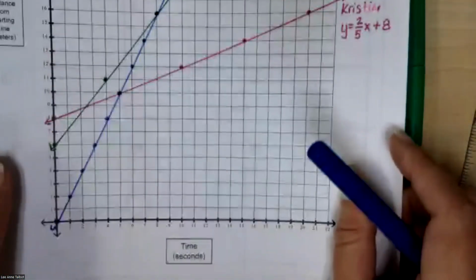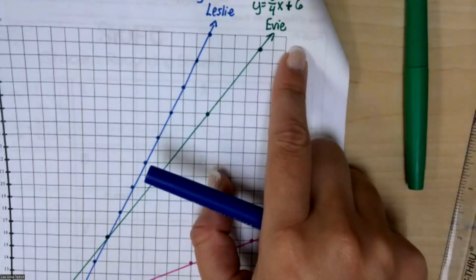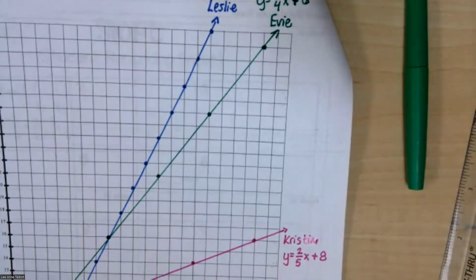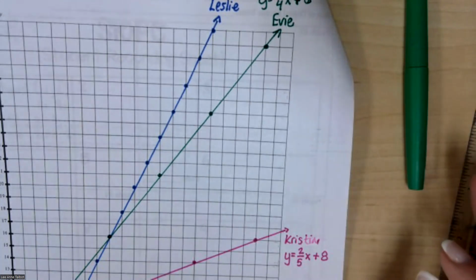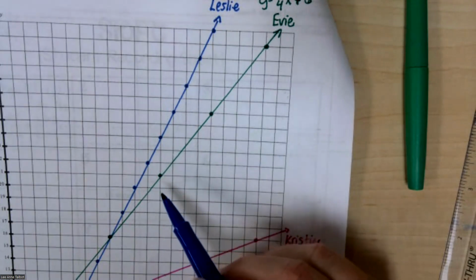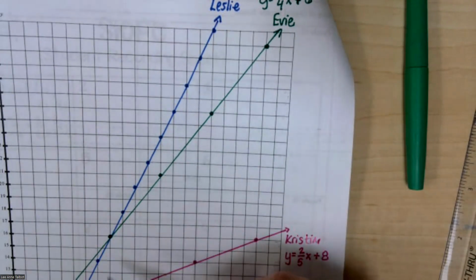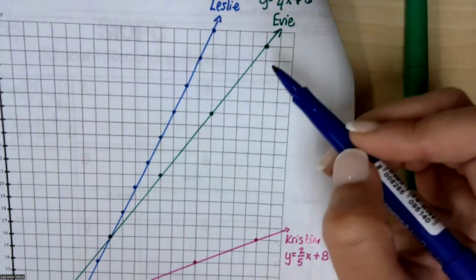So first of all, let's look at the graph. That's easier. Where did Leslie catch up to Evie on the graph? 2 seconds? Oh, I see.